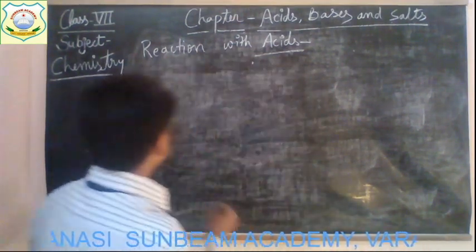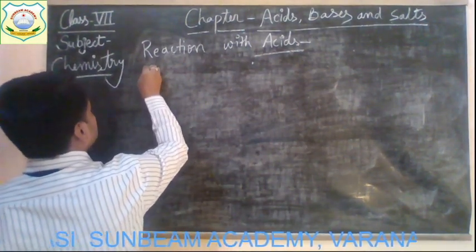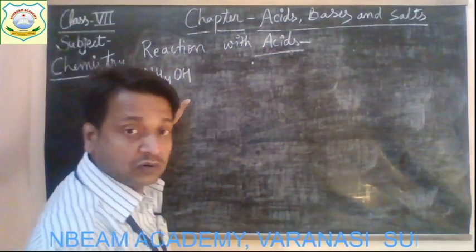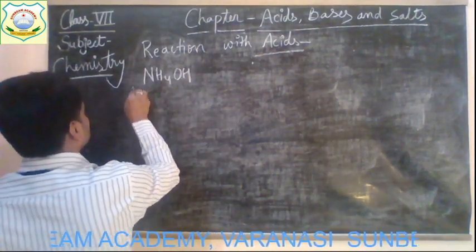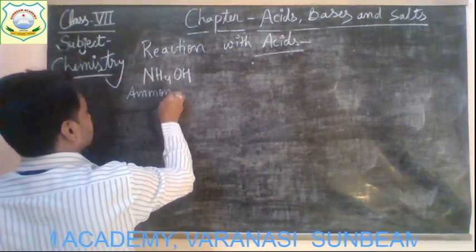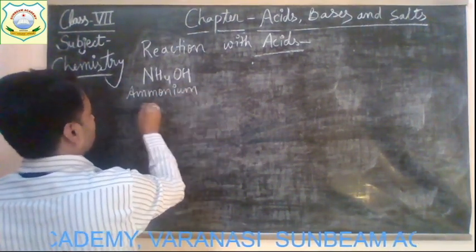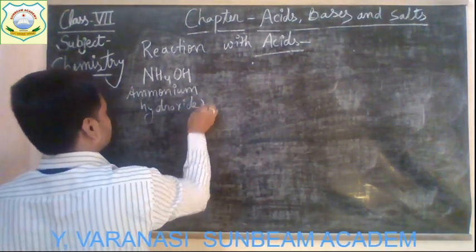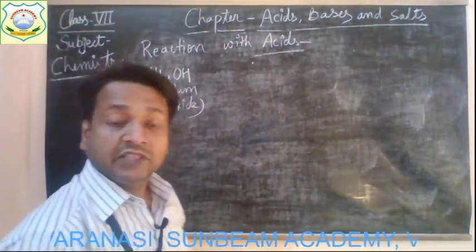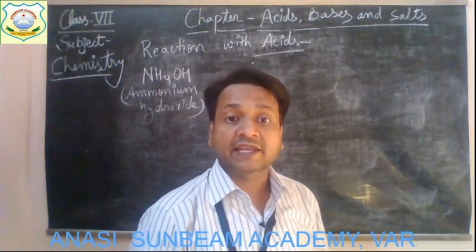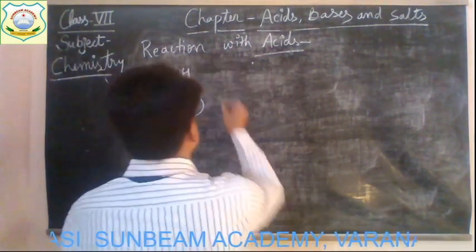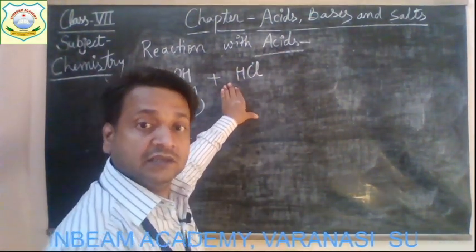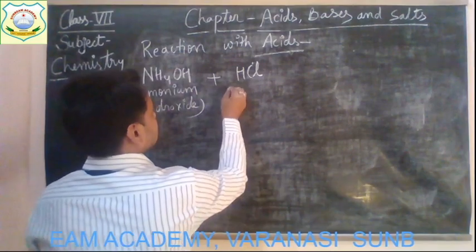The formula of ammonium hydroxide is NH4OH. When this base reacts with an acid, that is hydrochloric acid, HCl is the formula of hydrochloric acid.